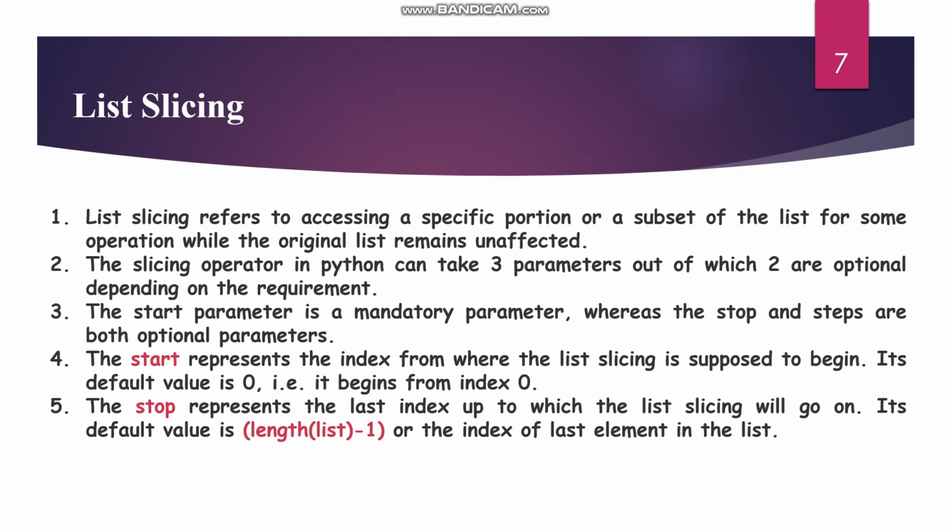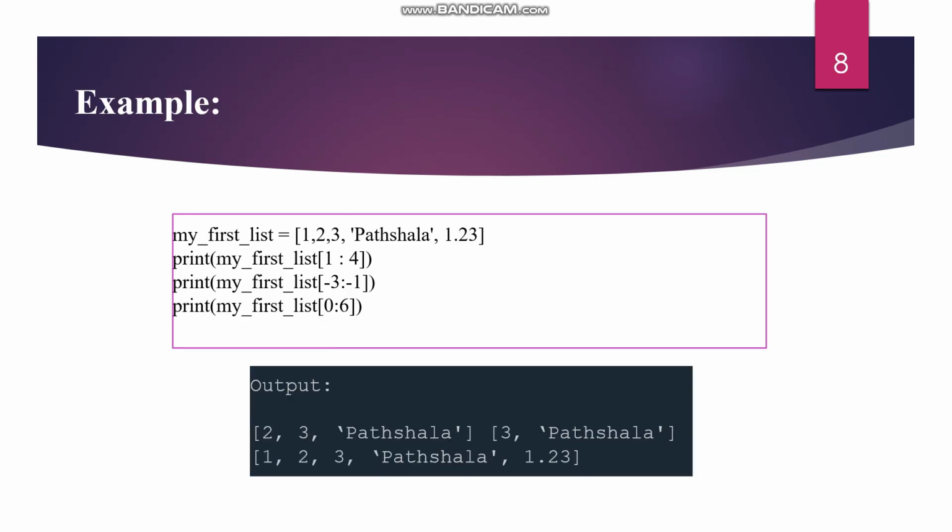The start represents the index from where the list slicing is supposed to begin. Its default value is 0, that is, it begins from index 0. The stop represents the last index up to which the list slicing will go on. Its default value is the length of the list, n minus 1, the index of the last element in the list. Here is the example for list slicing.